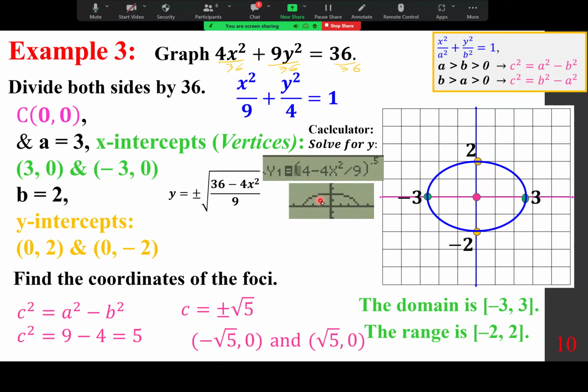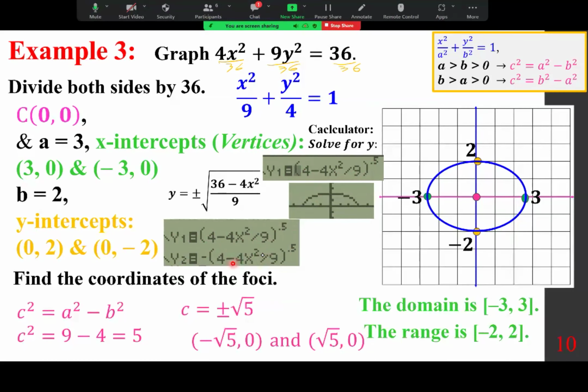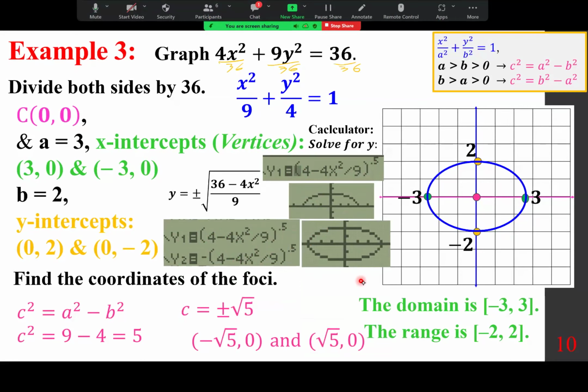If you put y2 equals the same thing with the negative in front of it, it gives you the bottom half. This is the top half, and this is the bottom half. When you graph it, it puts the two halves together. It's very straightforward.